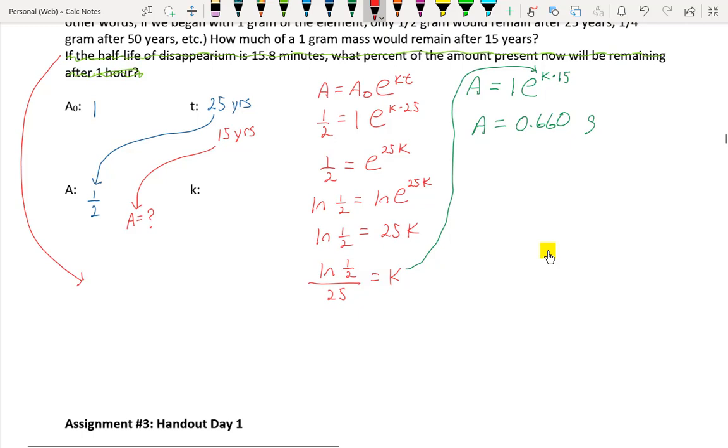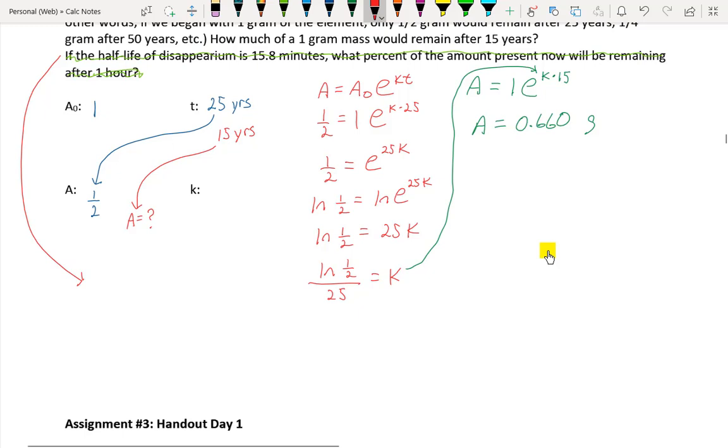It says, if the half-life of dysaperium is 15.8 minutes, what percent of the amount present now will be remaining after 1 hour? Okay, so there's a couple of different ways we could do this, but I did the first one using 1 for the initial amount and 1/2 for the amount at the end.